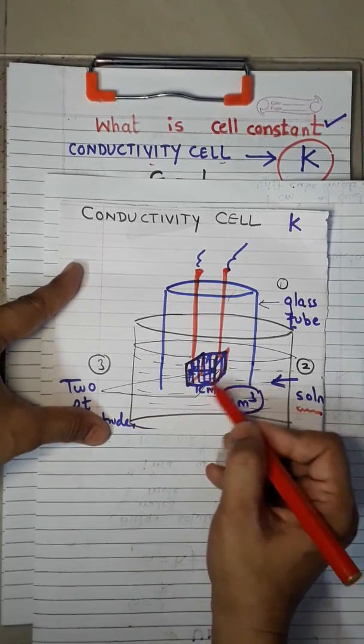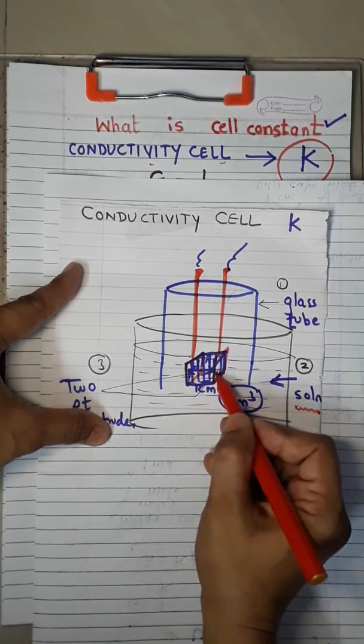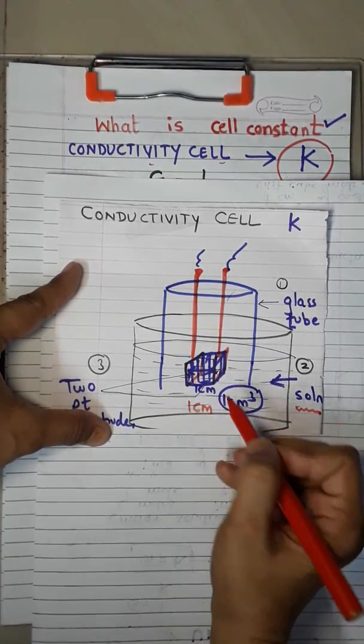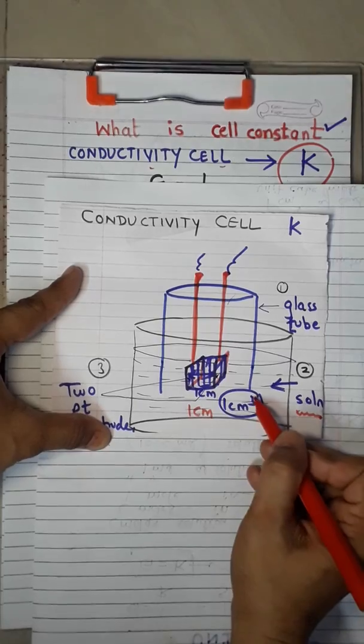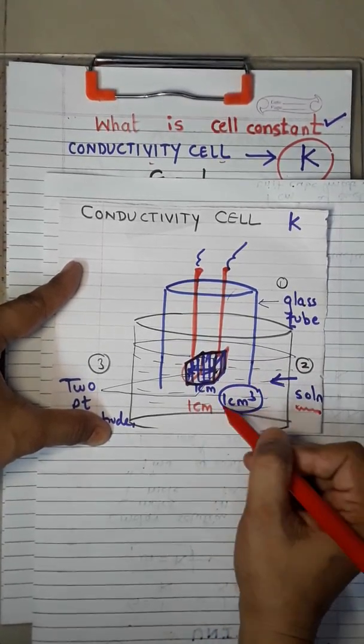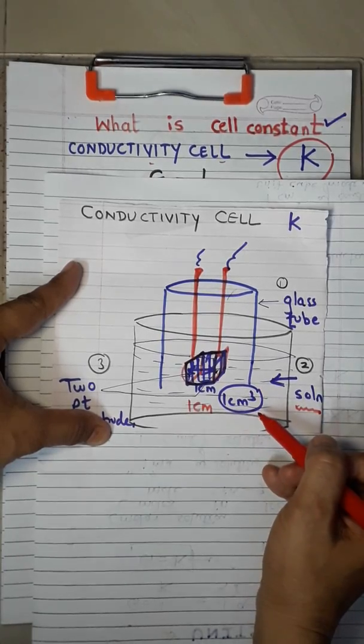Now you can see I have drawn one box actually because the distance between two platinum plates is 1 centimeter. So in this way, if you take length, breadth and height, you will get one cube in this particular area, and 1 centimeter cube volume you will get.